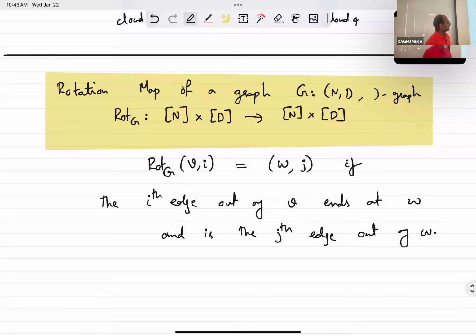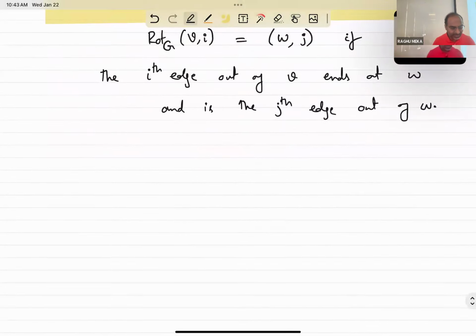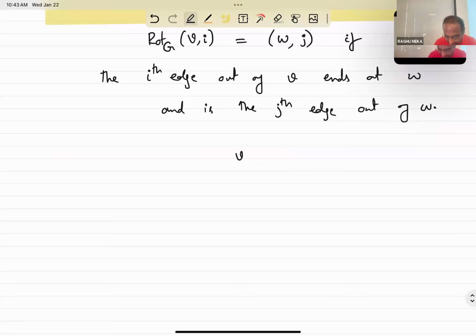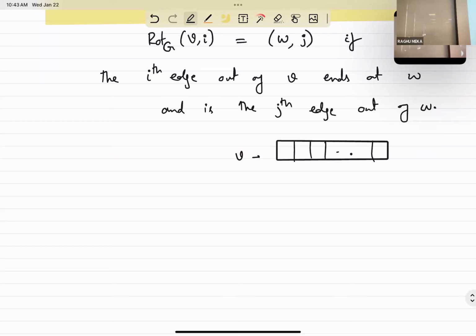Okay, so what does this mean? So just imagine the adjacency list representation of your graph, right? If you think of the adjacency list representation, from vertex v, I will write down the neighbors of the vertex v, okay? And what it's saying is, if I pick the ith element here, I'll get vertex w.